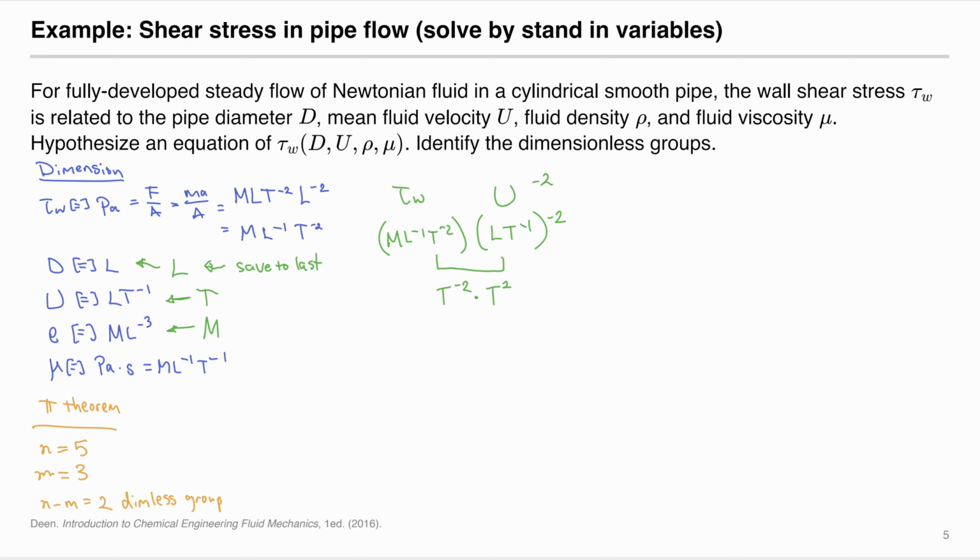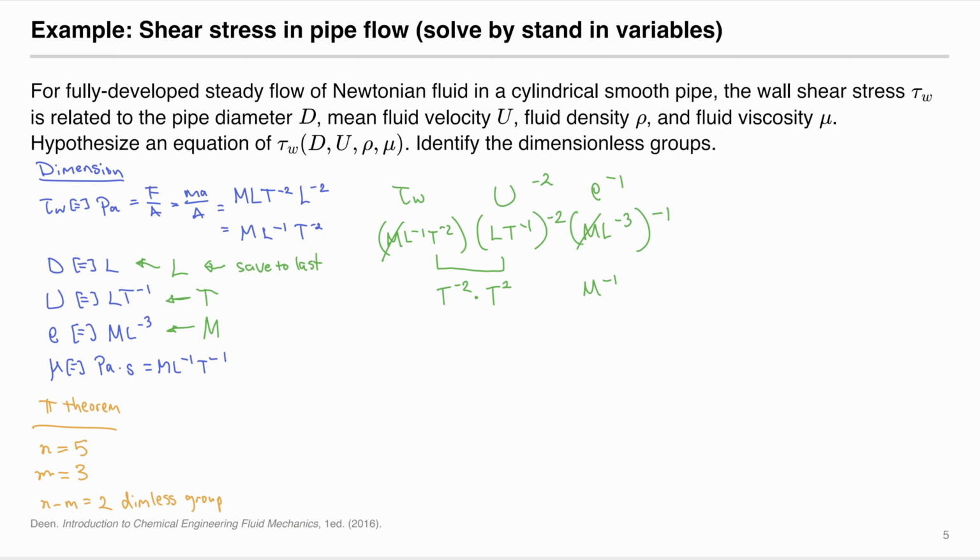Okay, now I can deal with the base dimension M. Here I have a base dimension M, so to make it disappear, I want something that has M to the minus 1. The standing variable has a dimension of M L^-3. So to make M to the minus 1, I'll raise this to the power of minus 1, so that M and M^-1 cancel out. This is the standing variable rho, so I'll raise rho to the power of minus 1.